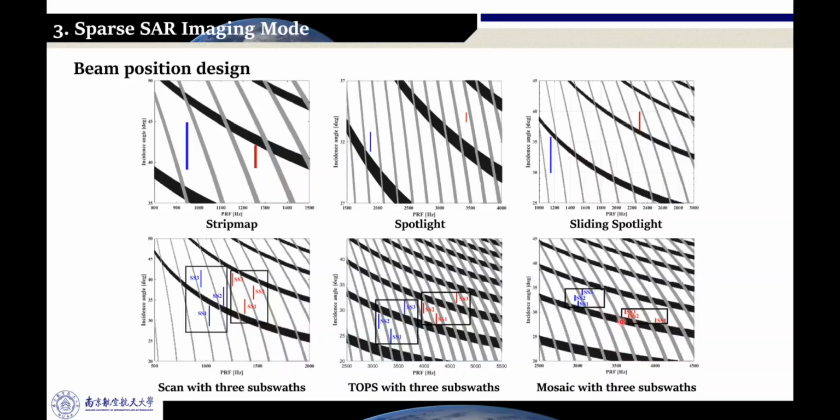The timing diagrams depicted in the figures present the beam position design for strip map, spotlight, sliding spotlight, scan, TOPS, and mosaic. The blue line represents the sparse imaging mode, and the red one represents the traditional mode.